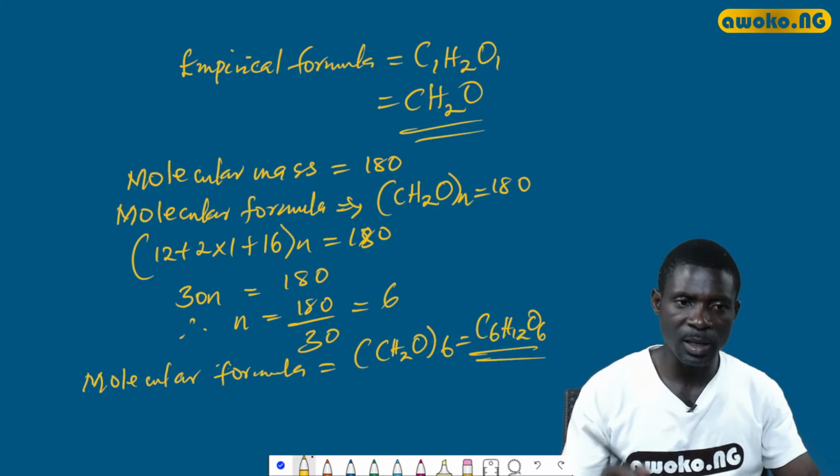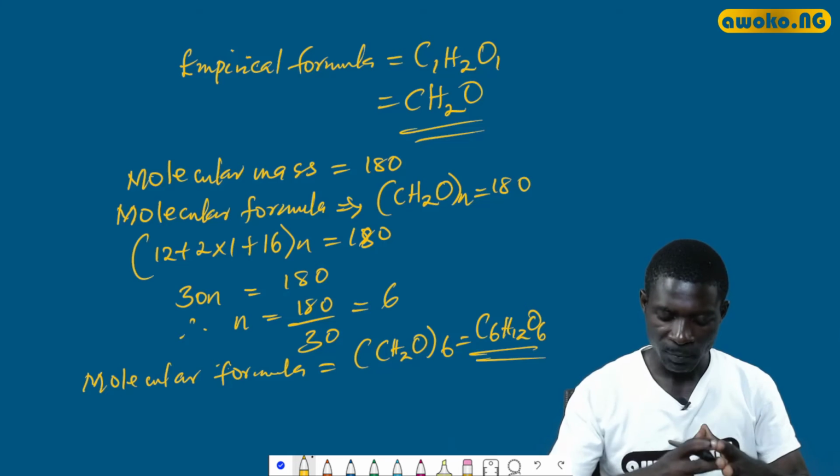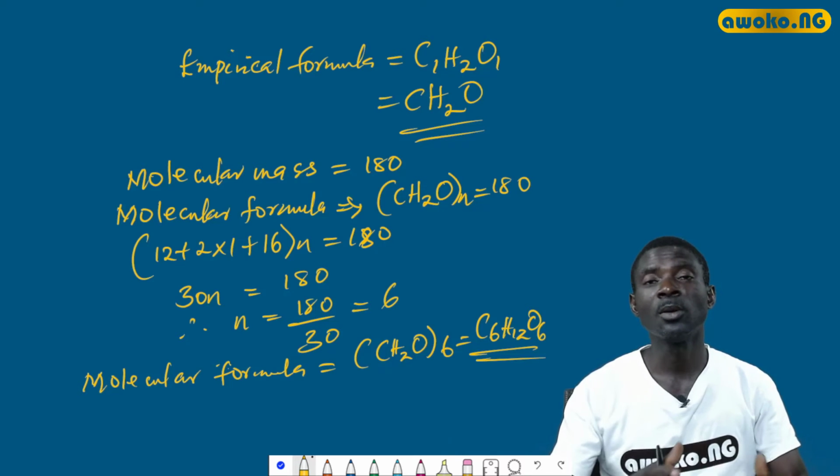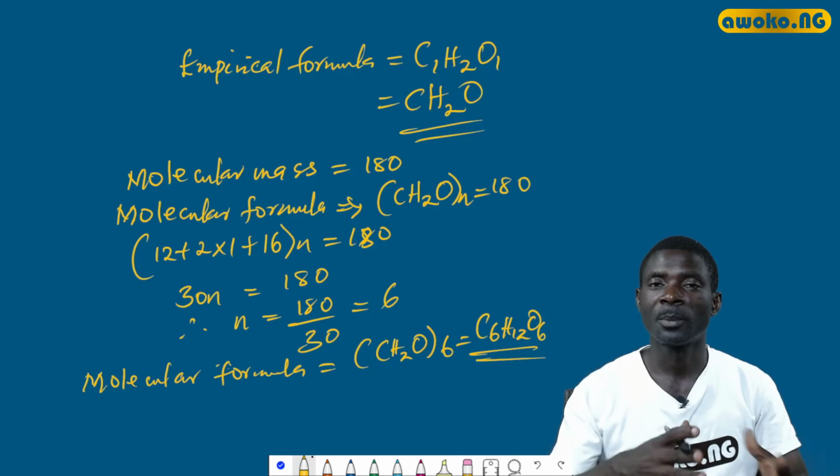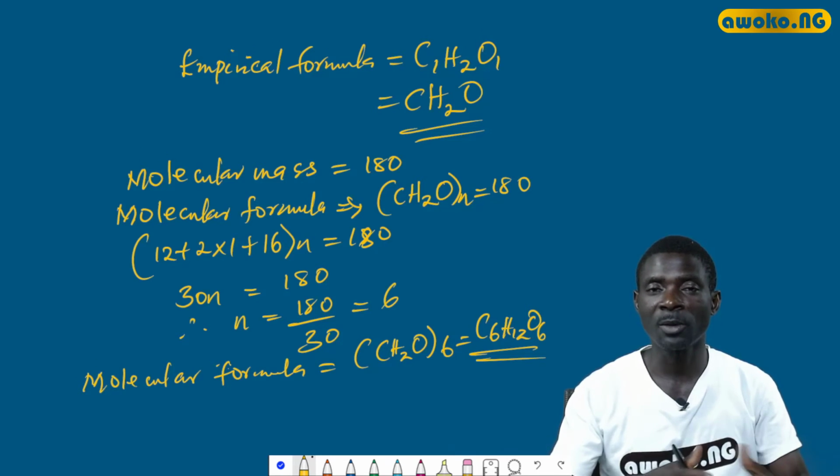So this is our molecular formula. You can see how it goes into details to indicate the actual number of atoms present in the compound, which is far different from the empirical formula, which only indicates the types of atoms and the mole ratios that are present in the compound.